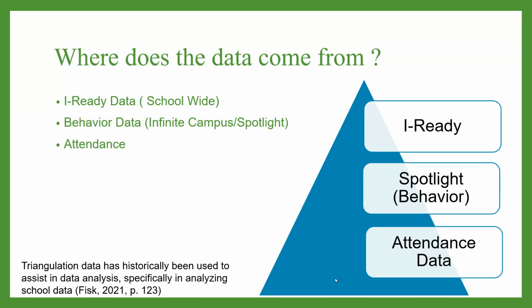Our behavior data is coming from Infinite Campus, or Spotlight, which is an embedded program inside of Infinite Campus. And then iReady data, which is our school wide diagnostic that we use to determine different levels of students.